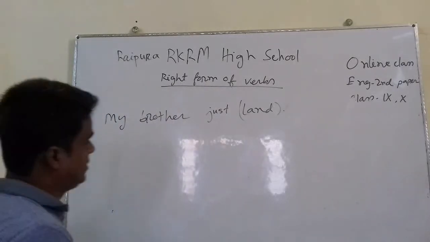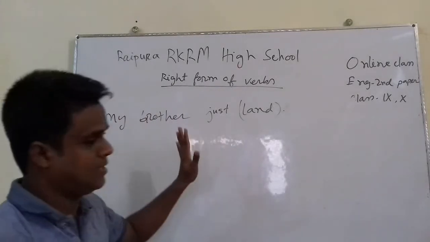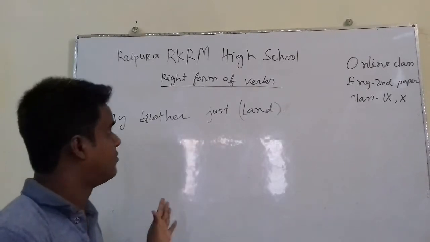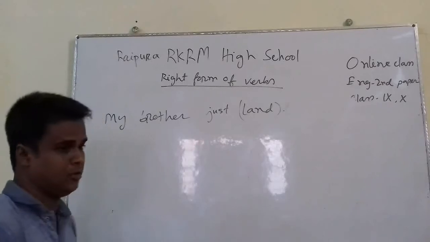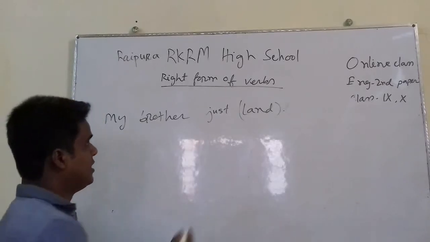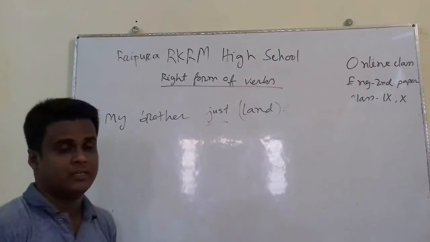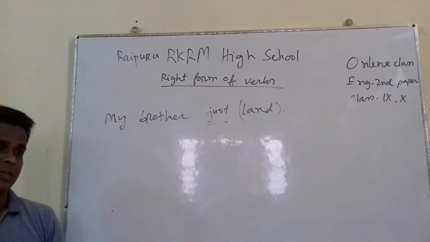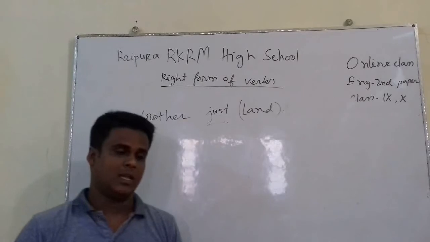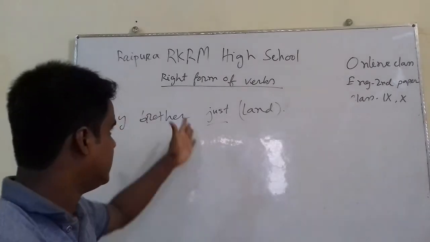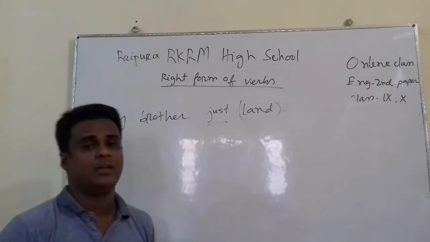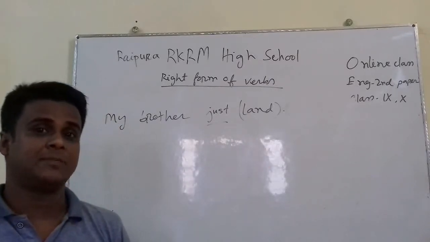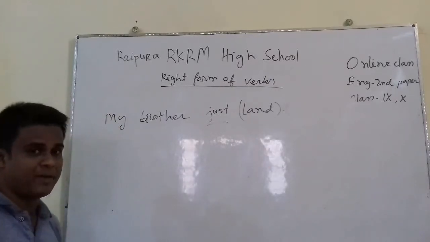So look at this sentence. Here, this is another example of using the right form of verbs, just looking at a single word. Here, the word is "just". If you find words like just, now, recently in a sentence, then you will complete the sentence using present perfect tense.